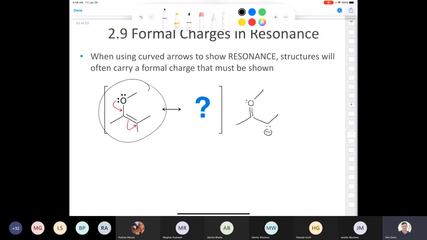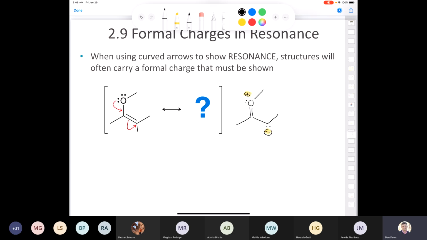Now, if the overall charge of this molecule is 0, then the charge of the resonance contributor is going to be 0. So that tells us that if we have a negative charge, we have to have one positive charge to balance that out. Can anybody tell me where the positive charge will be in this resonance contributor? On the oxygen? Absolutely, right? Because when oxygen has three bonds and one lone pair, it has a positive charge.